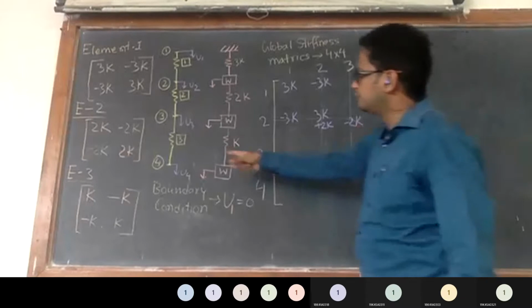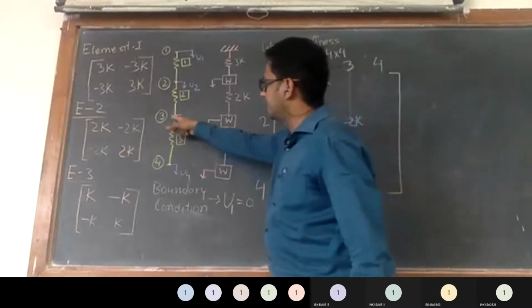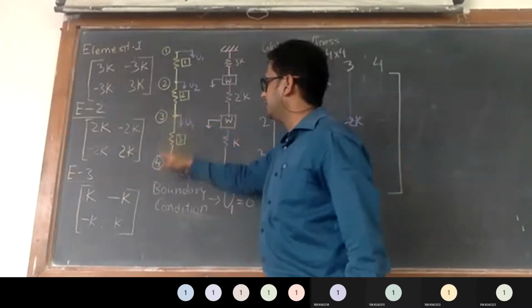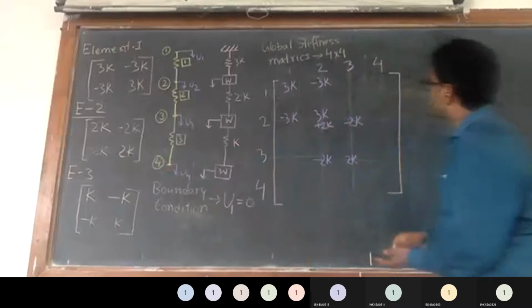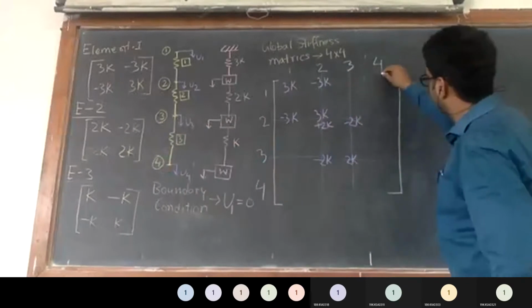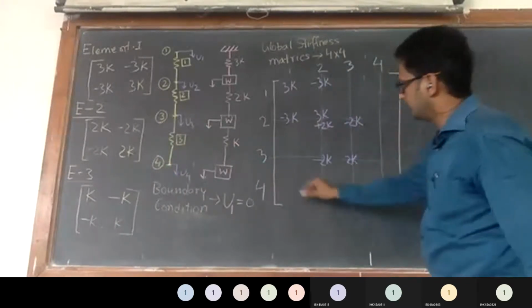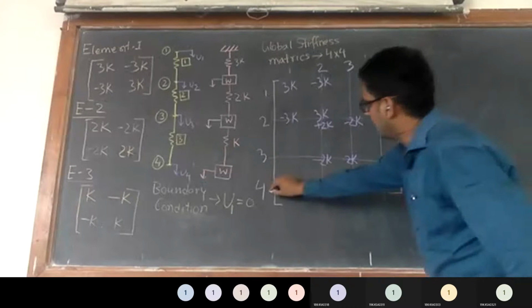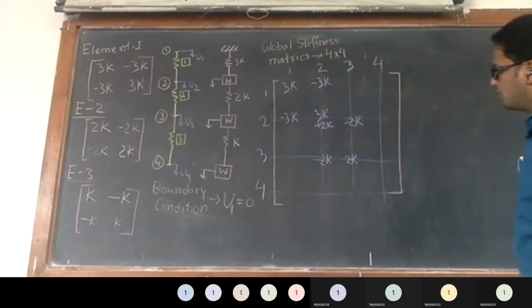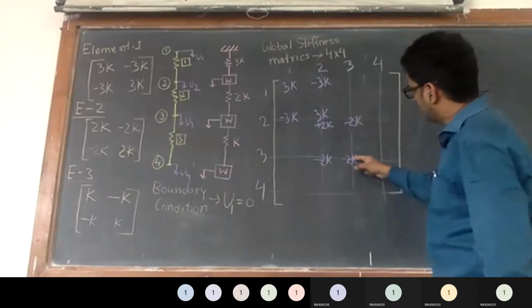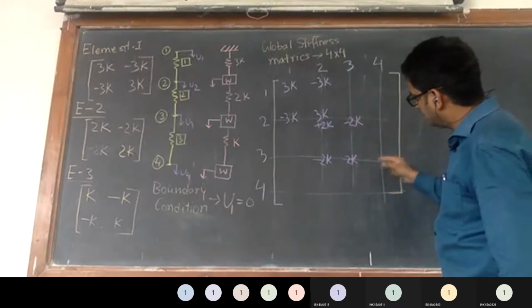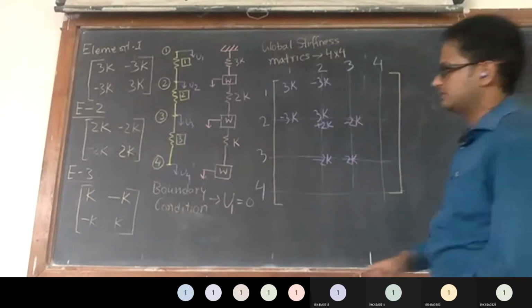Now finally you have to come to your element number 3 that is connected between 3 and 4. So 3 is coming like this, 4 you can draw like this. What are the common places between 3 and 4? Spot number 1, 2, 3 and 4. And what is the value?